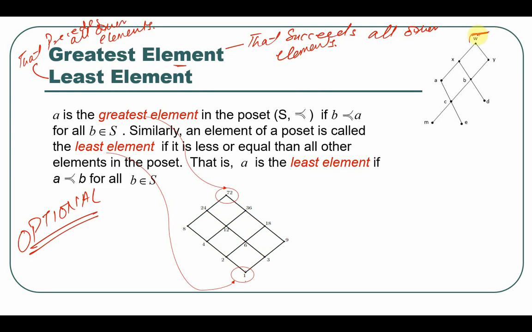But what about the least element? If I say M is the least element, but M does not precede E. If I say E is the least element, E does not precede M or E does not precede D. So, in this particular case, I have a greatest element, but I do not have a least element.